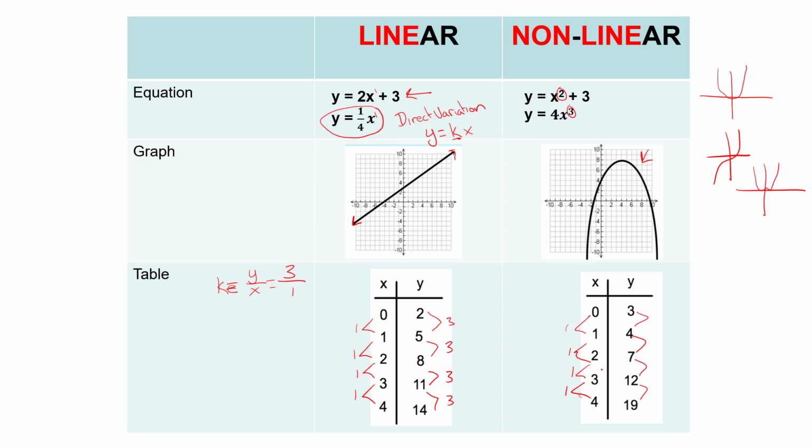Each of those has an even increment in change. 4 to 7, wait a minute, that's different. Now all of a sudden we have a change in this even increment or interval of 1 over 1, but we have a change in this interval of 3 over 1. That's not a constant rate of change, so it would not be linear.